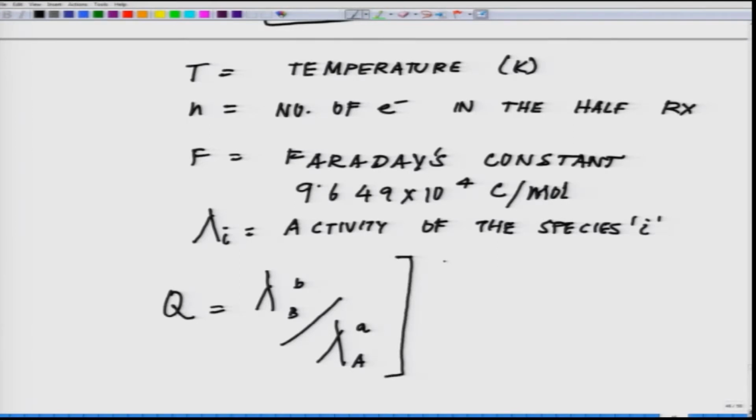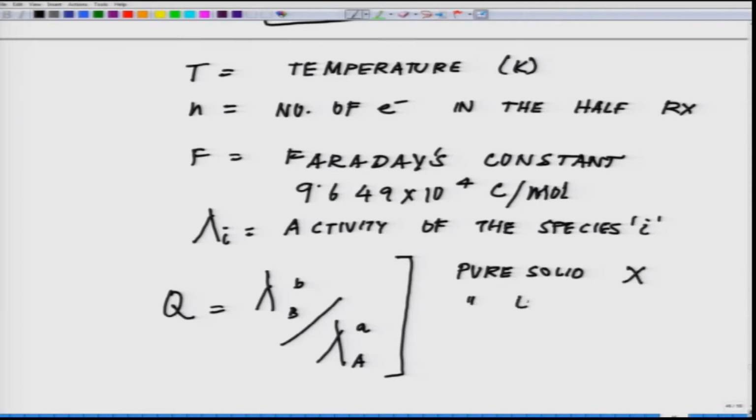So, the activities need not have their equilibrium values, and pure solids, pure liquids and solvents are omitted from Q because their activities are unity or close to unity, okay. So, remember, for the Q you cannot use pure solids, okay, you have to omit them.